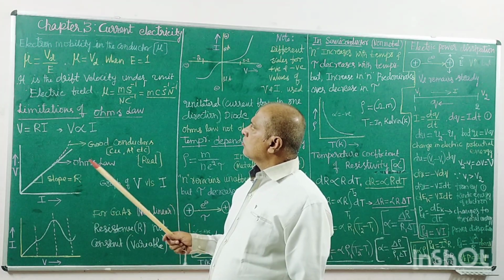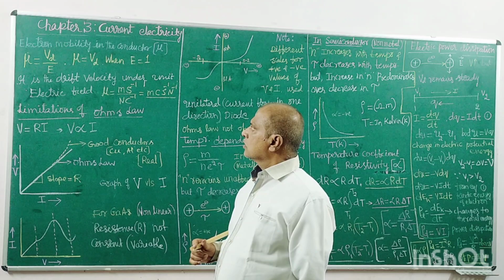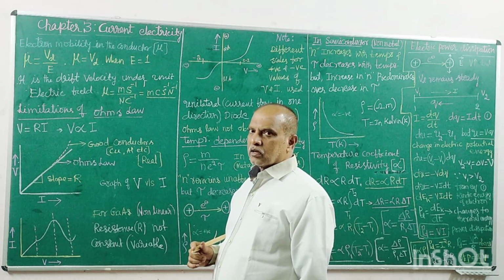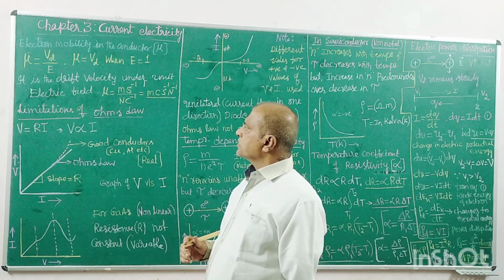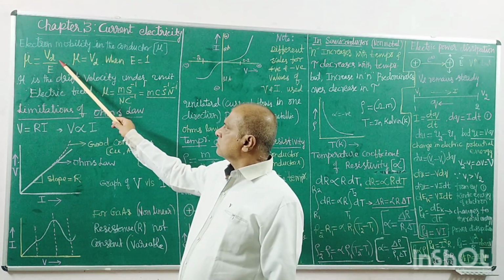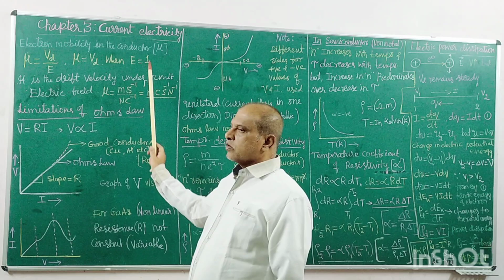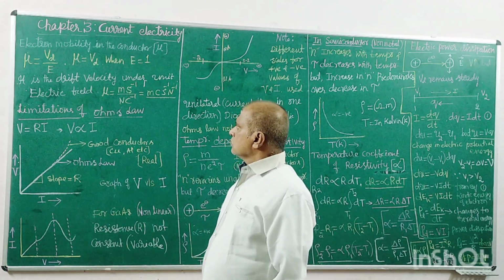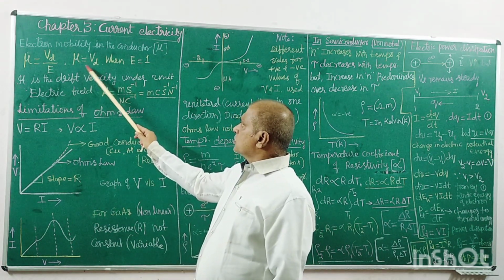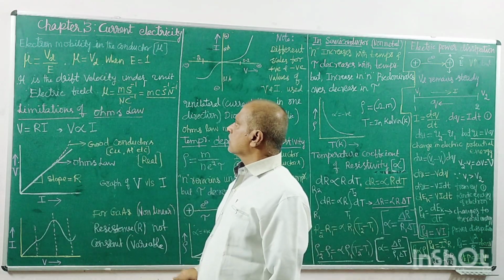The electron mobility in the conductor. For a simple definition, we can write this equation as, put E equals 1, unit value of E, mu becomes Vd. Now the definition is clear.